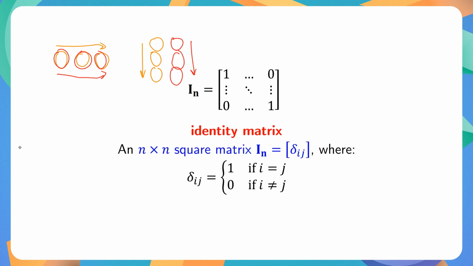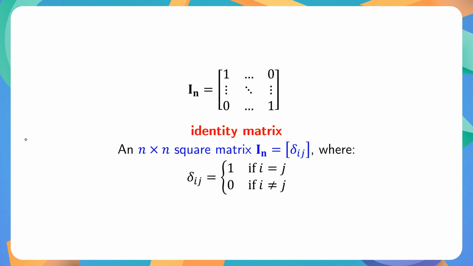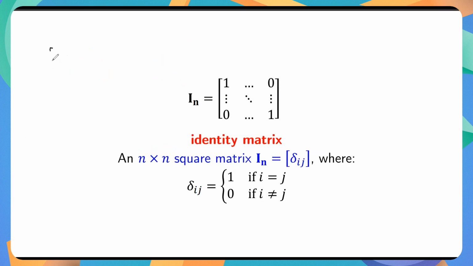Next are the other types of matrices that you may possibly encounter. Here we have the identity matrix, an n by n square matrix, I sub n, wherein delta sub ij is equal to 1 if i is equal to j, and 0 if i is not equal to j. To visualize this, suppose we have this matrix over here: if i is equal to j, or basically the row is equal to the column, it becomes a value of 1.